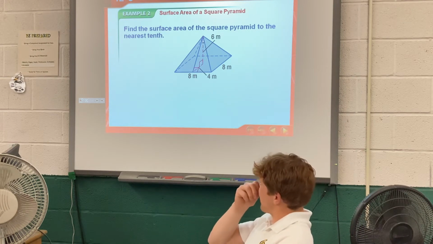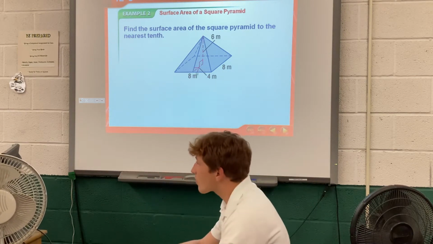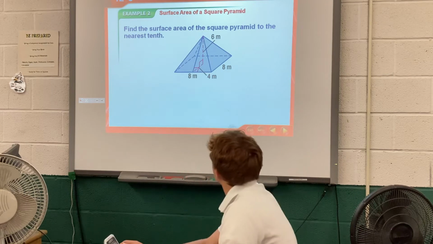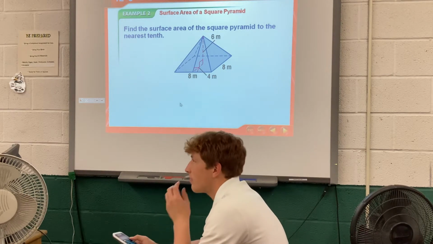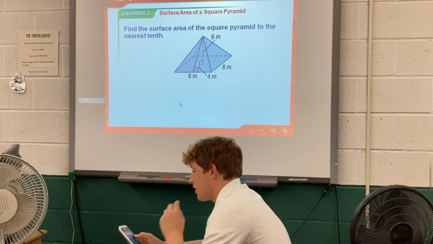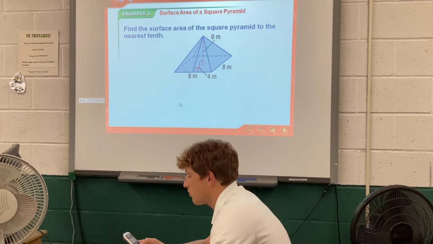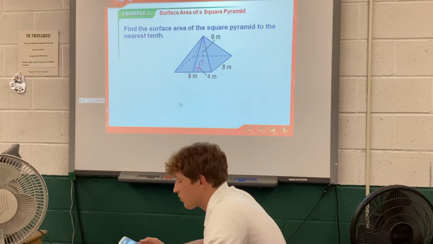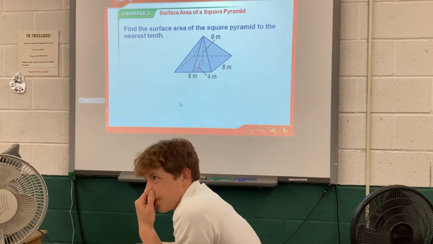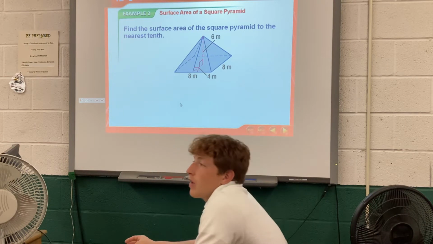Okay, so realistically, you should go through the process of using the Pythagorean theorem. So if we have 4, 6, what's my hypotenuse? Square root of 52. Yeah, 7.2. Okay, so here's what I would honestly do. In our calculation, you found out that the slant height was the square root of 52, or you said 7.2.